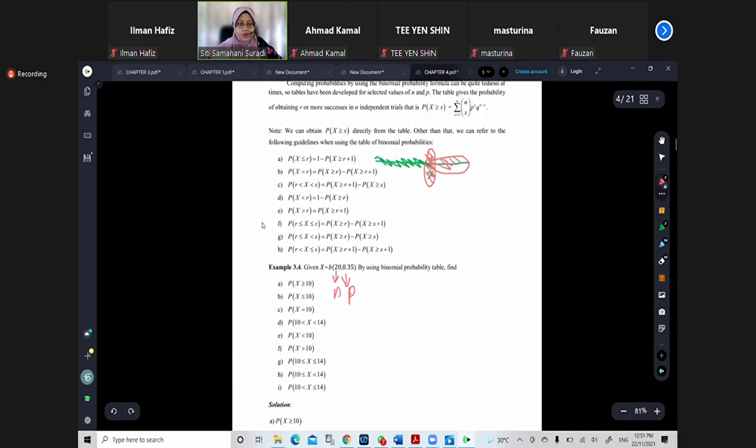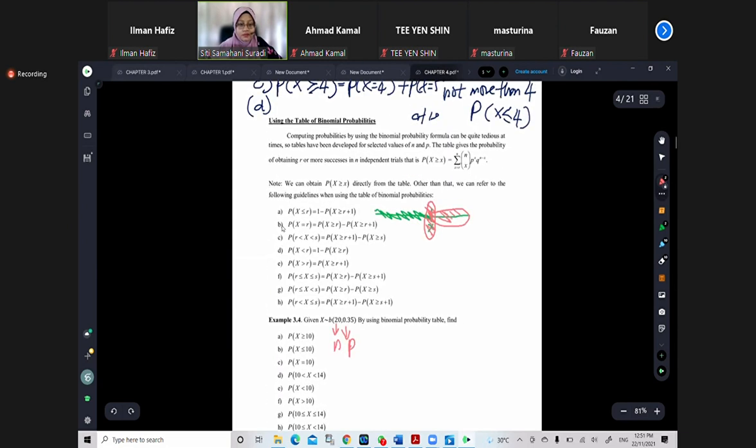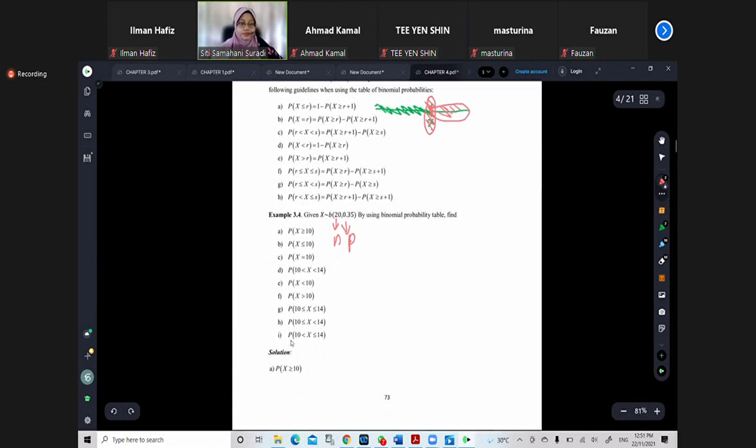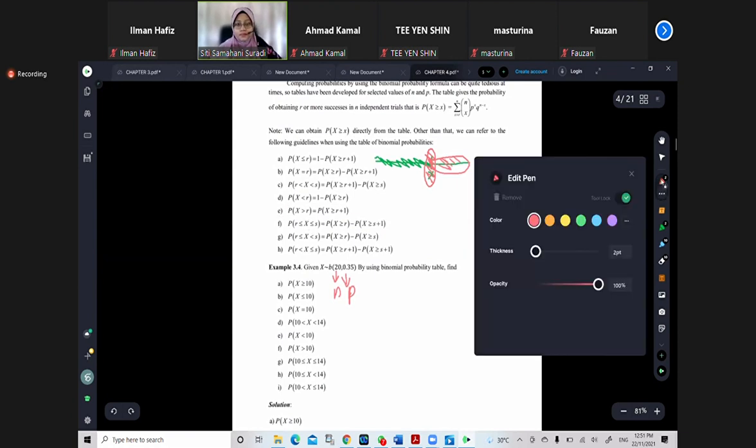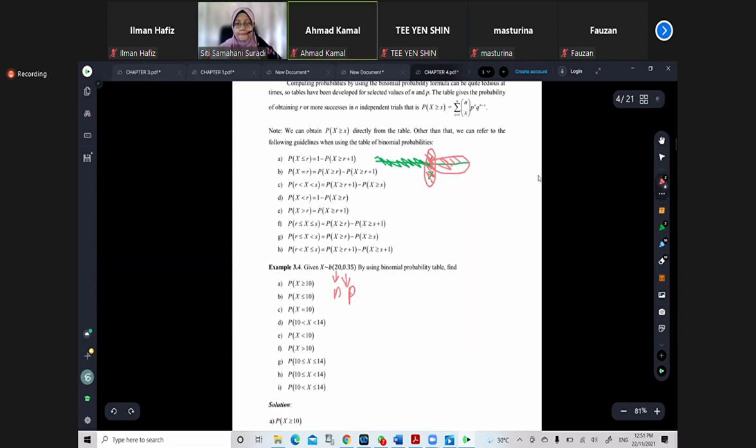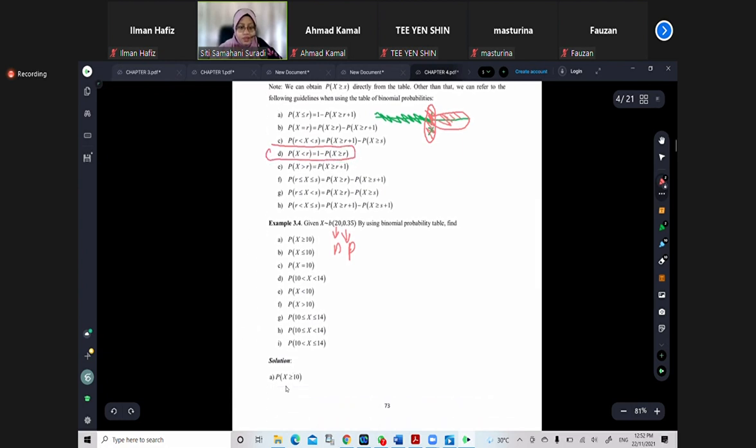Which one do you need to refer to? Is it less? Is it more? More than 10 is considered this one lah. Okay, X more than 10.